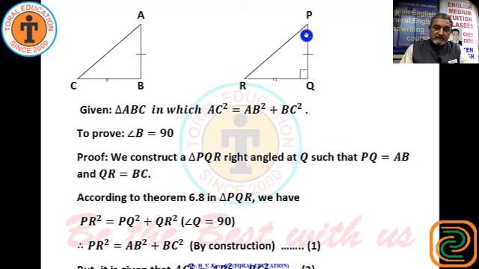But we have constructed PQ equals AB and QR equals BC.